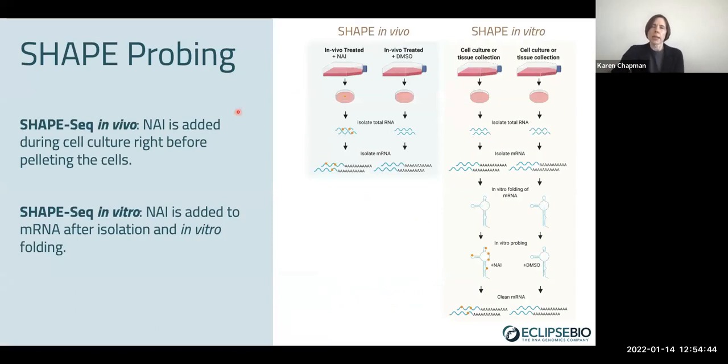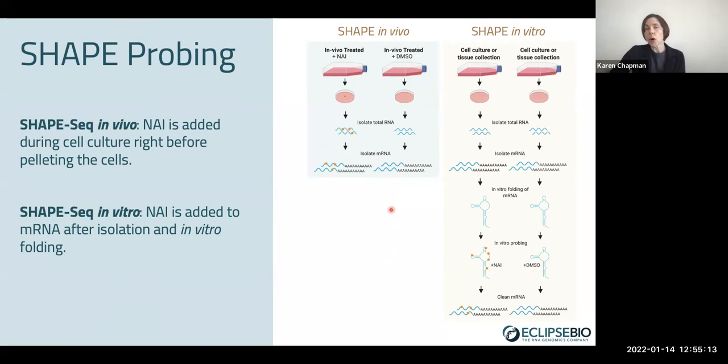And the interesting part about CHAPE technology is that you can apply it to cells, so basically look at RNA structure in vivo, or you can apply it to purified RNA in vitro. And I think the power of CHAPE can come when you do both in parallel. And that's really the direction that we're headed in terms of offering around CHAPE technology.